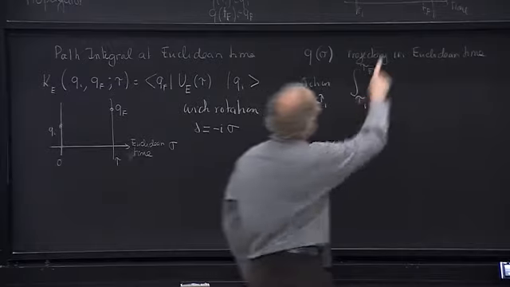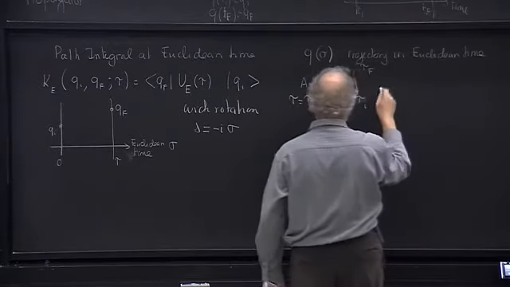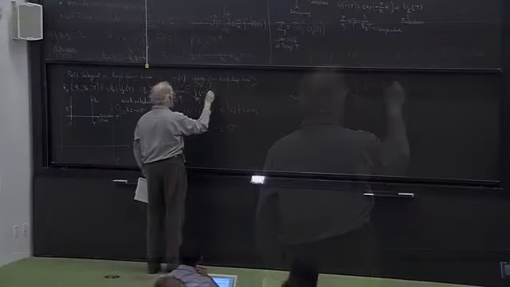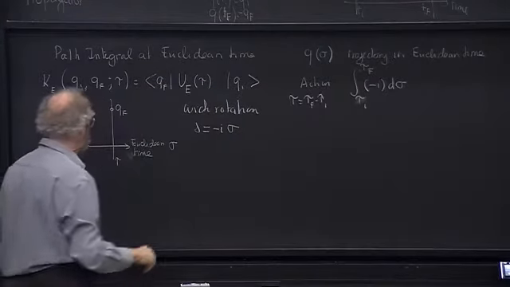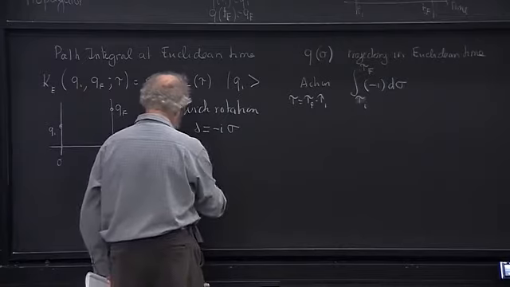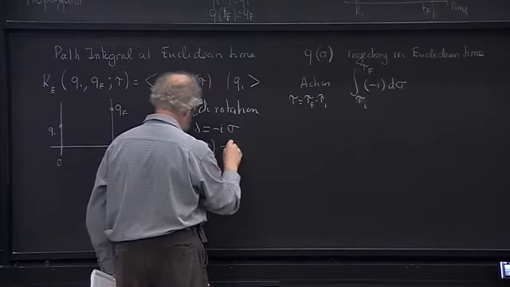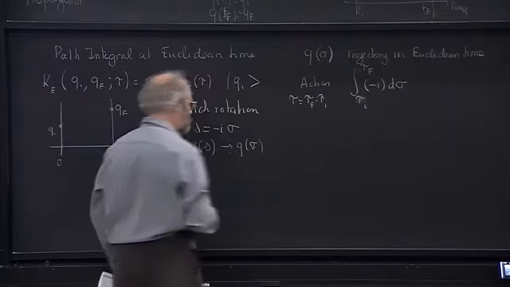So I make a change of variable, and therefore I get minus i times d sigma. Okay. Now, by Wick rotation, q of s becomes q of sigma.